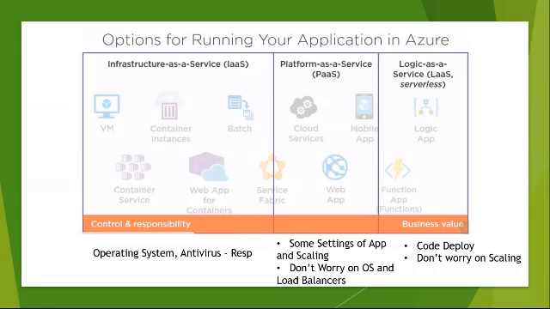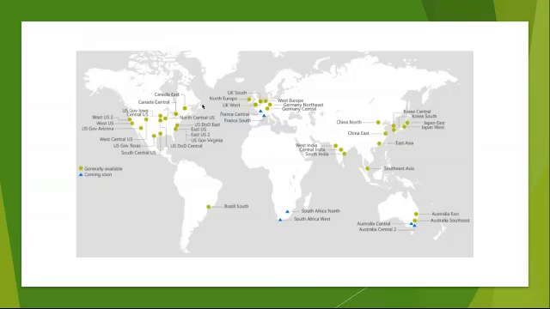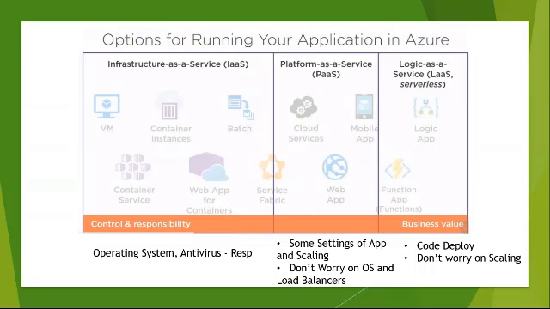And as I said, the cloud services and the web apps come under PaaS offerings, platform as a service. And the other two things, your Logic App and your Function App, come under the logic as a service offering.